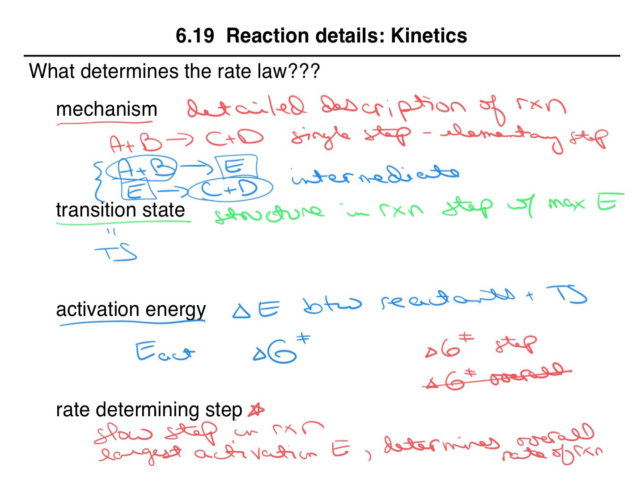So we are going to look at many examples of reactions where we try to understand the mechanism. We are going to look at energy diagrams that help us to represent the transition state, and the activation energy help us to determine the rate determining step.